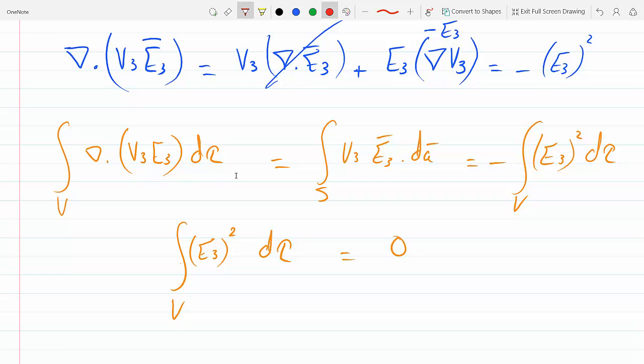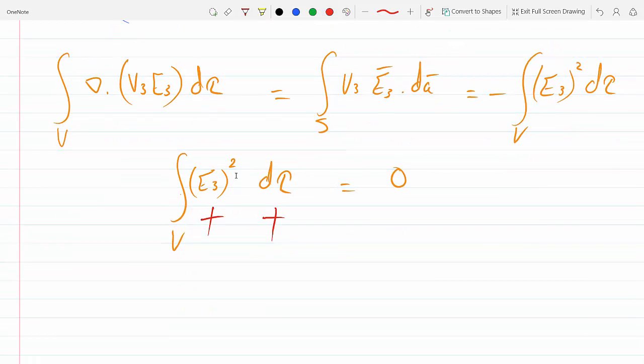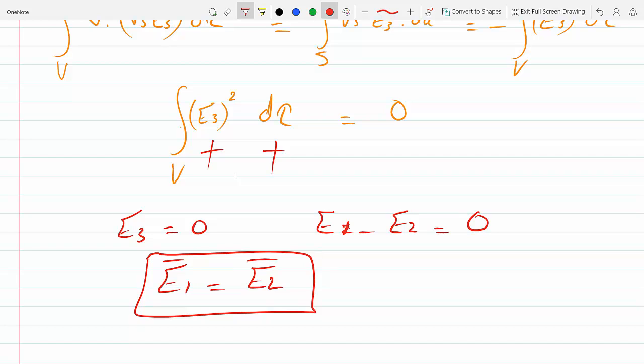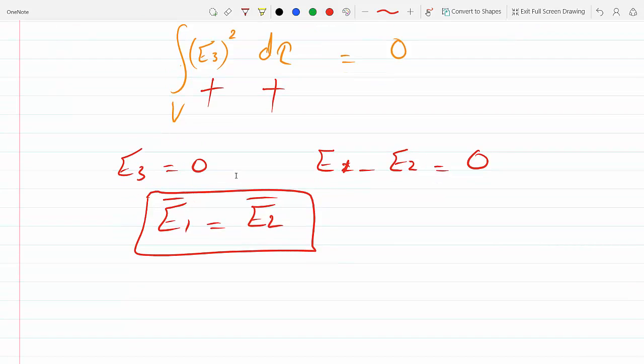Now the only way that this can happen, since this is positive and this is positive, is if E3 equals 0. And if E3 equals 0, that means E1 minus E2 has to equal 0, which makes E1 equal E2. The electric fields are unique, and no two different electric fields exist; there's only one electric field. And so we've proved the uniqueness theorem.